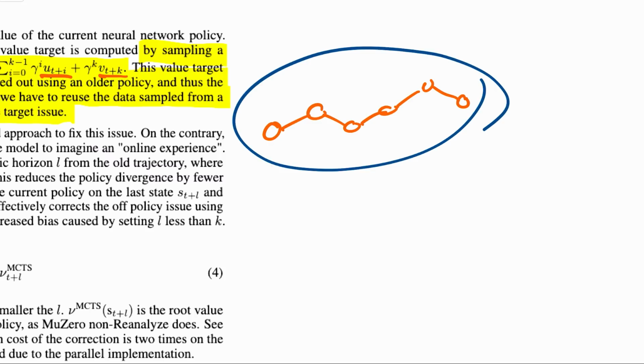So what they say is that we're simply going to not use the entire trajectory for learning, but we're going to cut off at some point because, of course, the further out, the more uncertain we get. And that cutoff point is going to be closer the older the trajectory is.